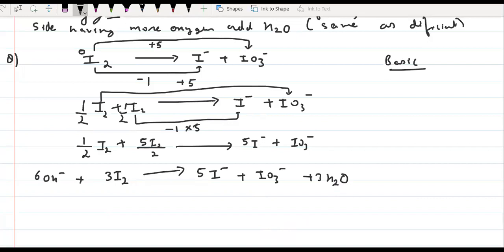Okay, easy enough? Very good, guys. So this was the balancing of reactions. I hope all of you understood balancing.